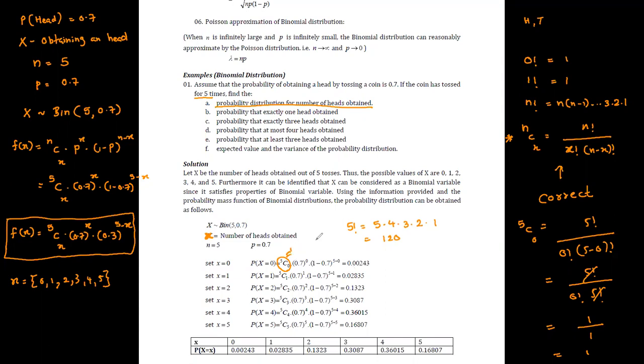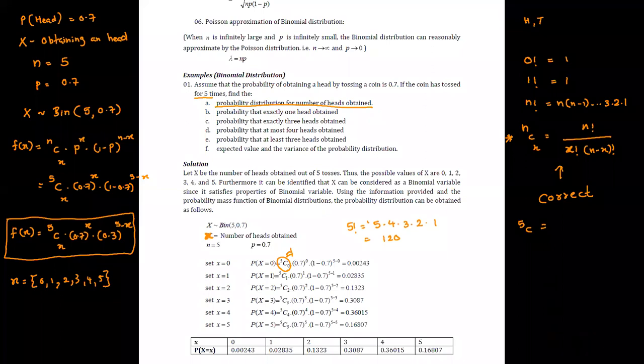There is no need to do these calculations at such length. Anyhow, let me explain another example using this nCx notation: the calculation of 5C2, and we will see how to obtain this value.